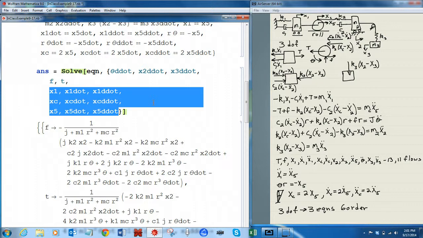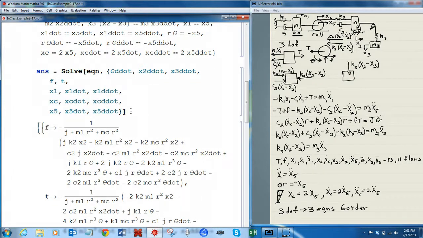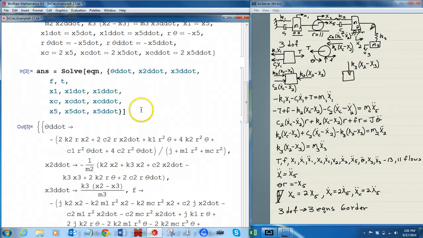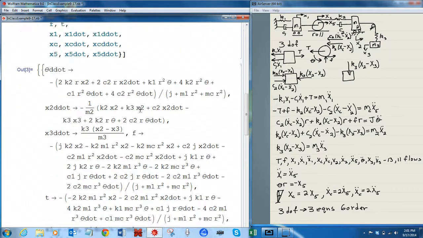Okay, so this is typically what you would do. You'd say, all right, I want the 3 or whatever degrees of freedom. You have the highest derivatives of those things, and that gets you the equations that you want, and everything else you really don't care about, but you have to solve for them anyway. So I'll hit enter, and out comes the results. So here is a differential equation for theta double dot.